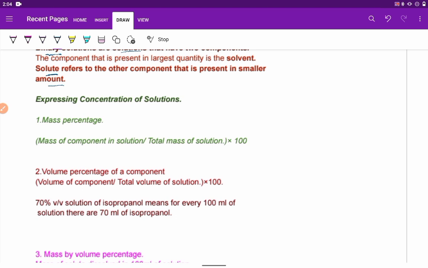Now we will see some ways in which we can express the concentration of the solutions. First one is mass percentage. Mass percentage is mass of component in solution divided by total mass of the solution multiplied by 100.